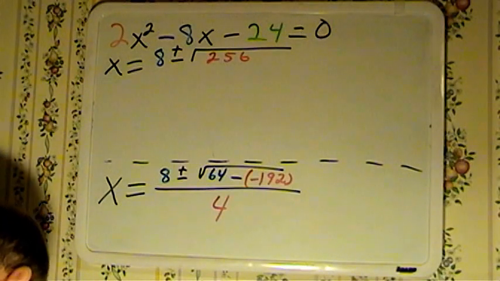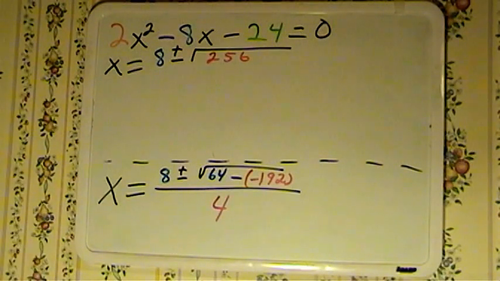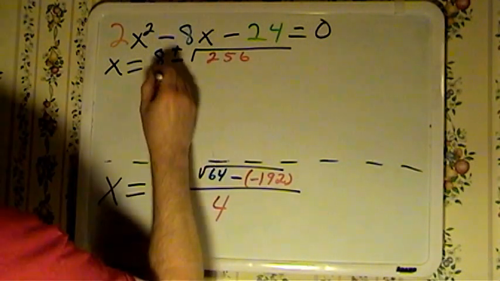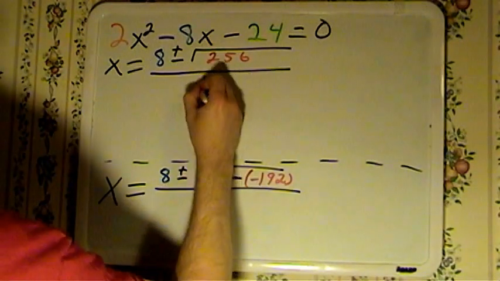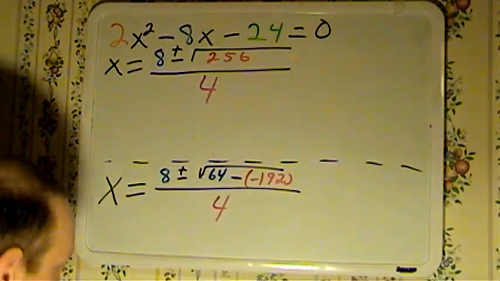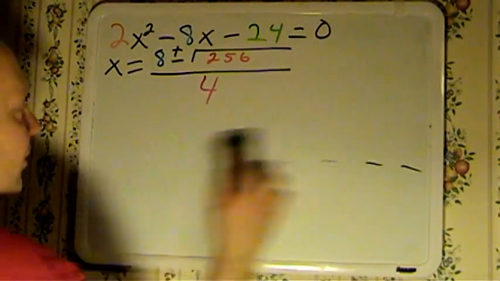And I hope my calculator does square roots. Oh, good. It comes out nice. Okay. Again, that's all over 4. So I'm going to get rid of this now. We've moved it up there.